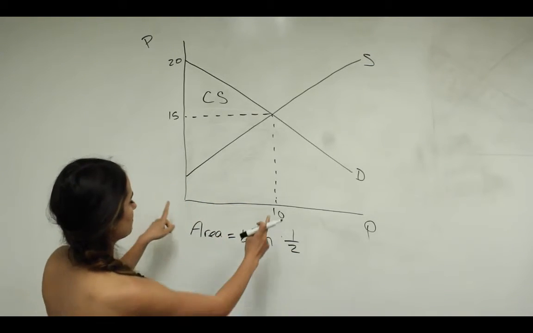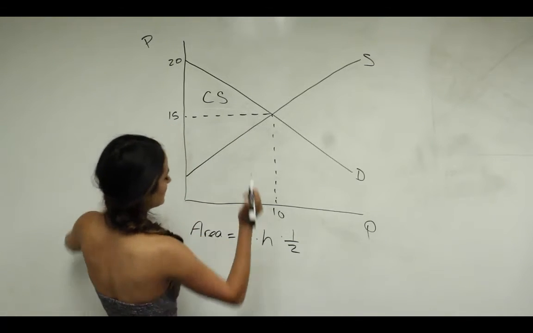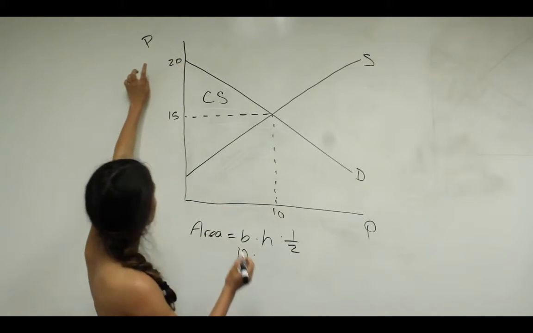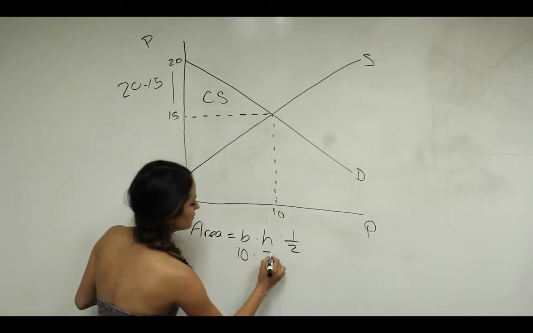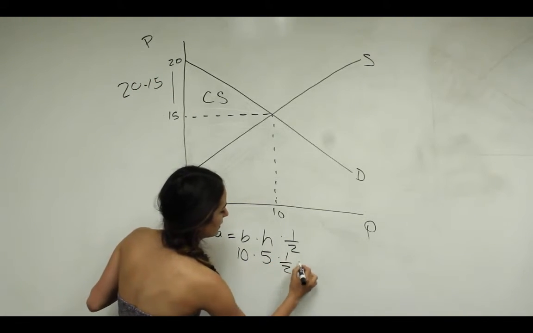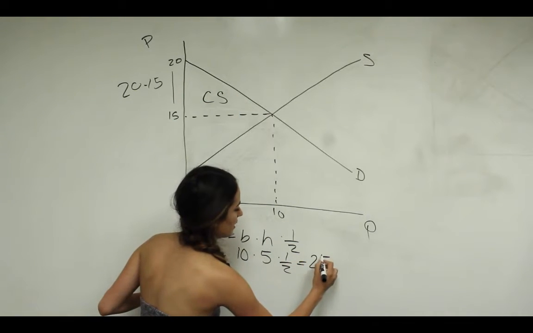In this case, the base would be this 10, because it's this length, and then times height, which would be 20 minus 15, so that's 5, and then you multiply it by 1/2.